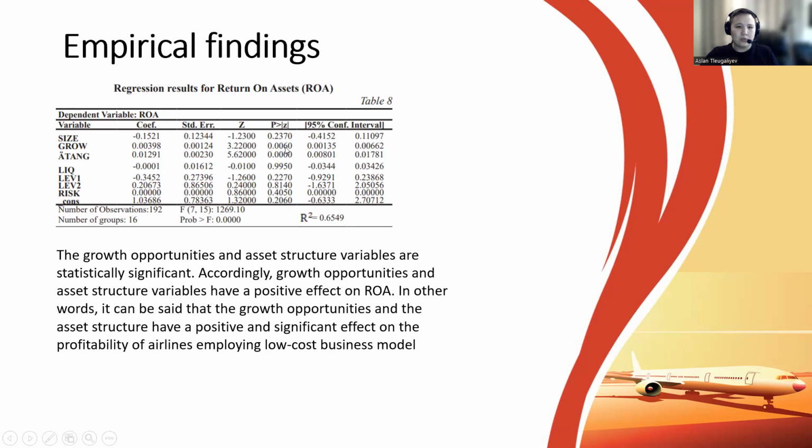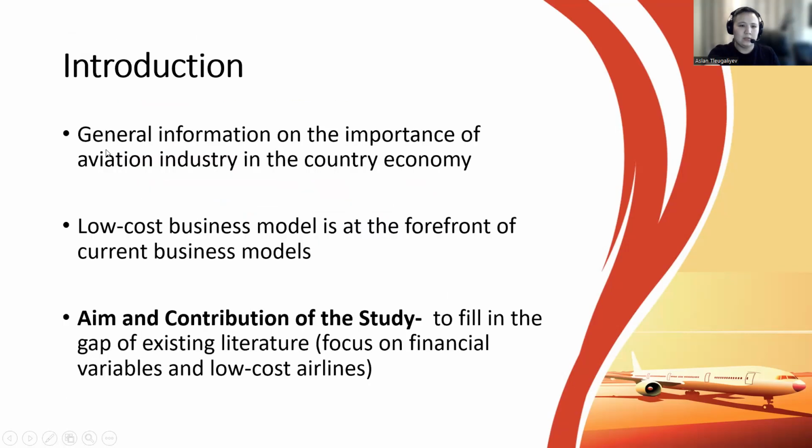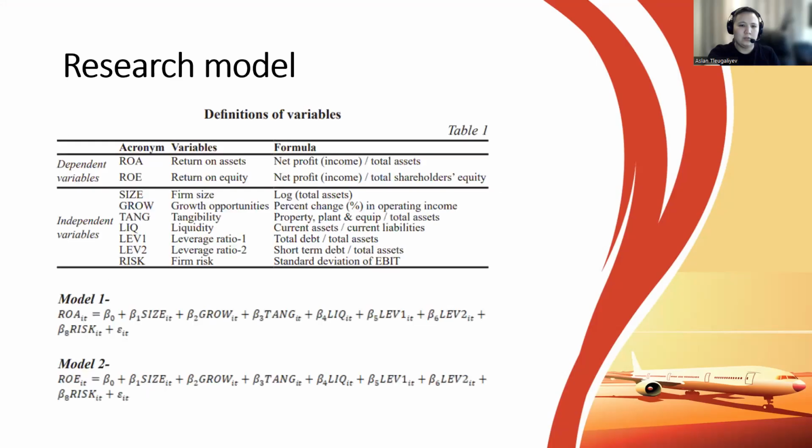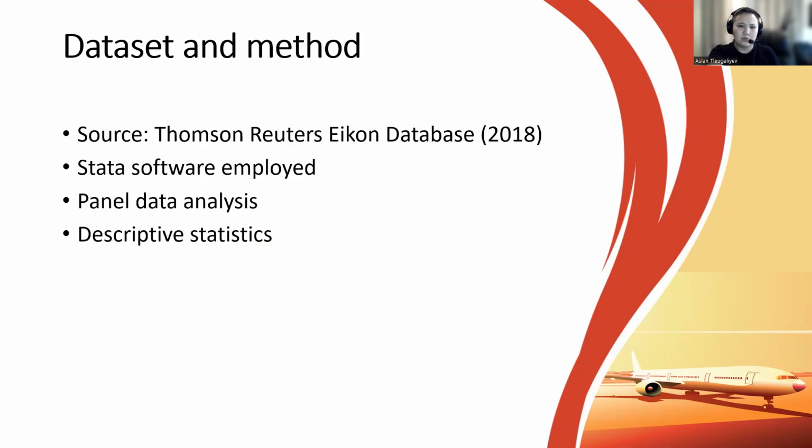And based on this column, we can see that growth opportunities and tangibility of assets exert significant influence on return on assets. It's quite straightforward because growth opportunities are measured by the percentage change in operating income, and tangibility of assets by fixed assets to total assets.